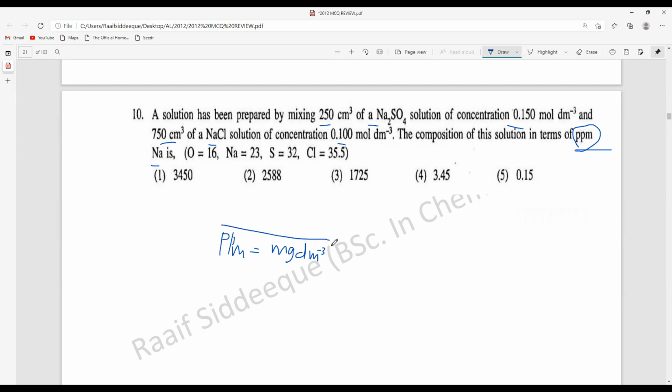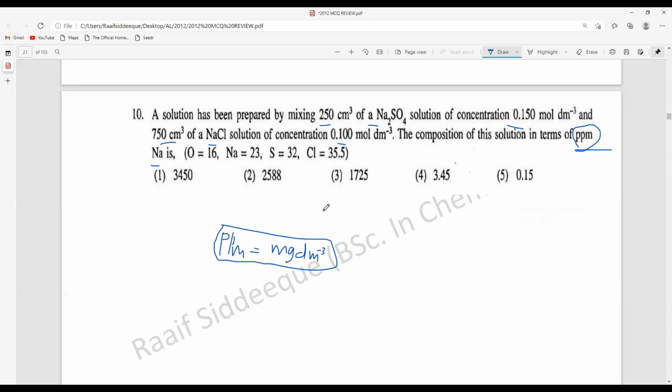But remember, the definition of ppm is not milligrams per decimeter. Try to understand the difference. ppm in general, the definition is parts per million. It can be parts per million in mass, or in amount.